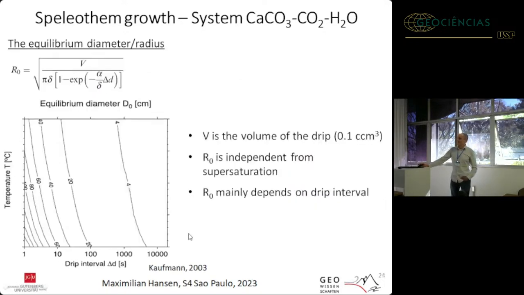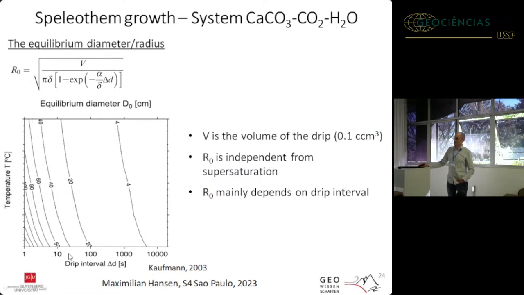Okay. And so I was talking about the equilibrium radius. That is basically the radius which can be formed by the solution. And they write this equation for that. So V would be the volume of the drip, which is in the range of 1 cubic centimeter. And what you can see is that the R0 is independent from the supersaturation. This is what you can learn from this plot over here.